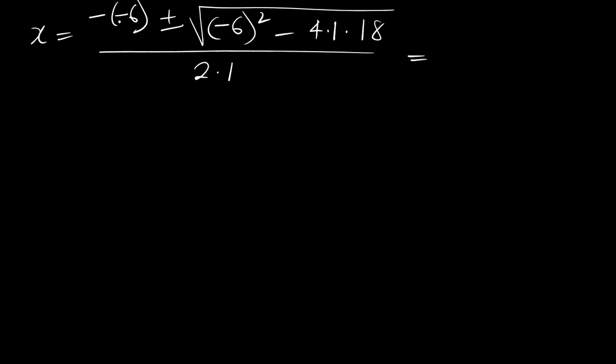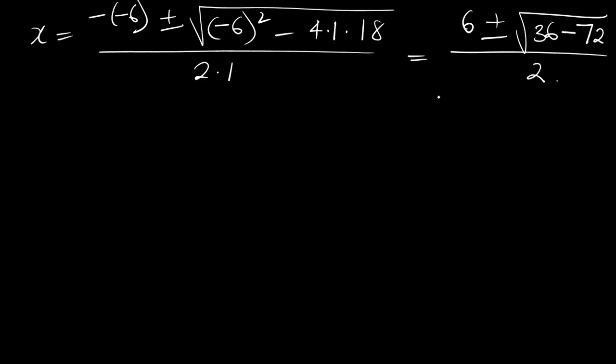So minus times minus 6 will give you 6, plus or minus the square root of minus 6 squared, which is 36, minus 4 times 1 times 18, which gives us 72, all over 2. So you now have 6 plus or minus the square root of 36 minus 72, which gives us minus 36, all over 2.